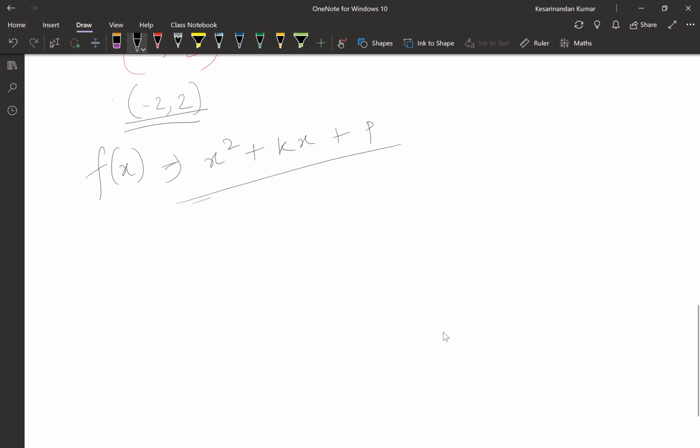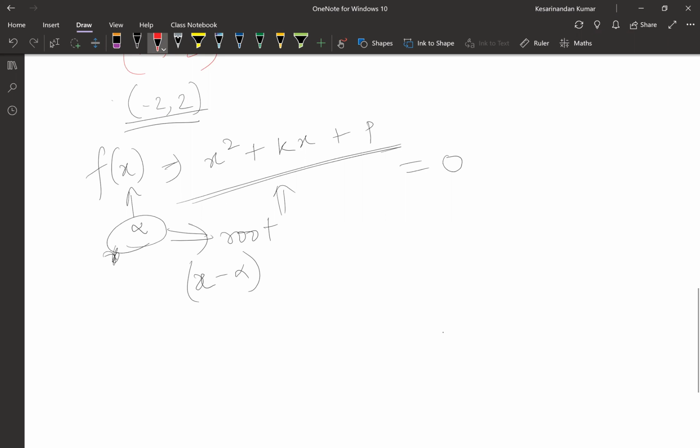If I put alpha instead of x in this equation and I get the value 0, then I'll say alpha is the root of the equation, and I can also say this equation is completely divisible by x minus alpha.